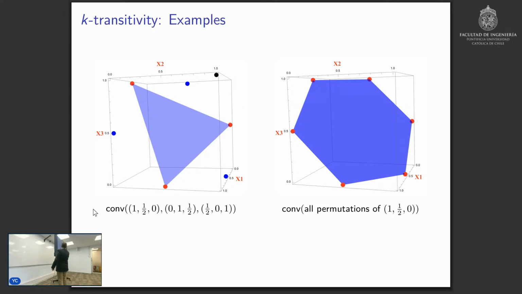And actually, in this vector we are sending 1 to the 2nd position, and you can do this exhaustively and notice that for any pair you can do the same thing. 1/2 appears in the 3rd and in the 1st position. 0 appears in the 3rd, the 1st, and the 2nd position, and 1 the same thing. So this polytope is 1-transitive.